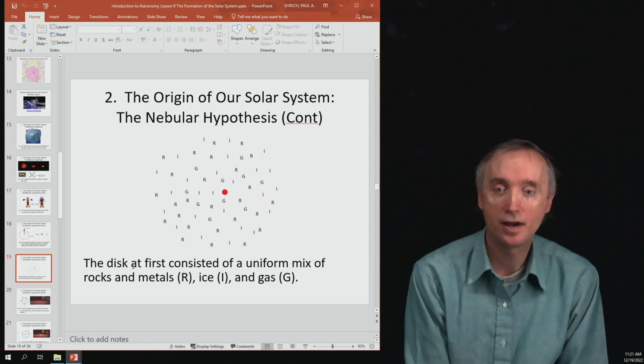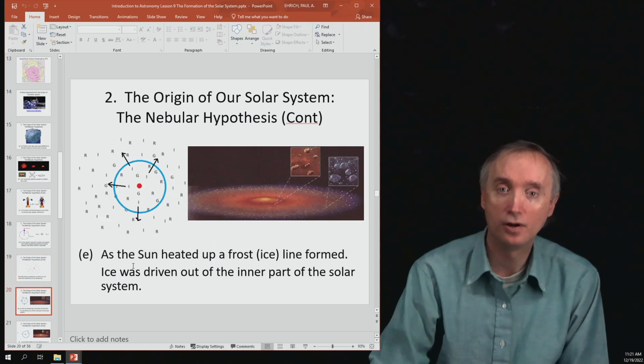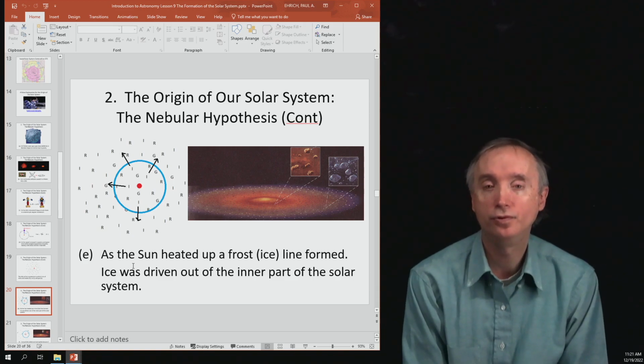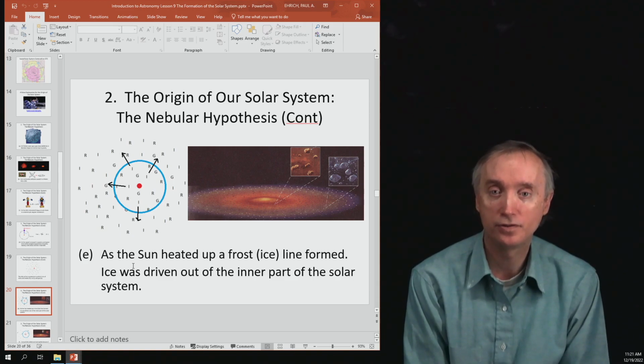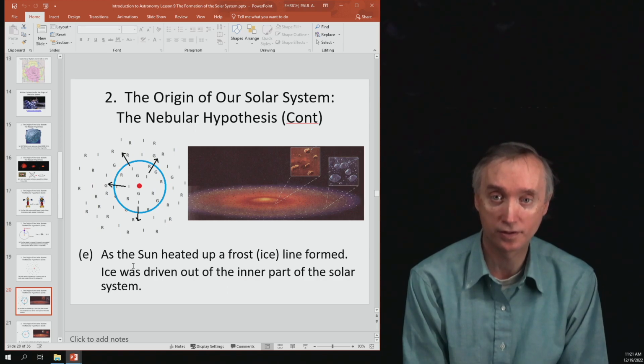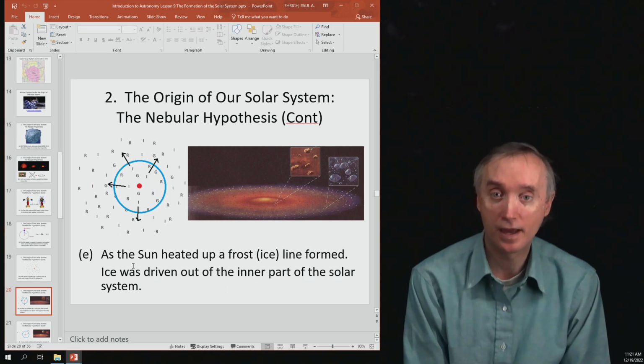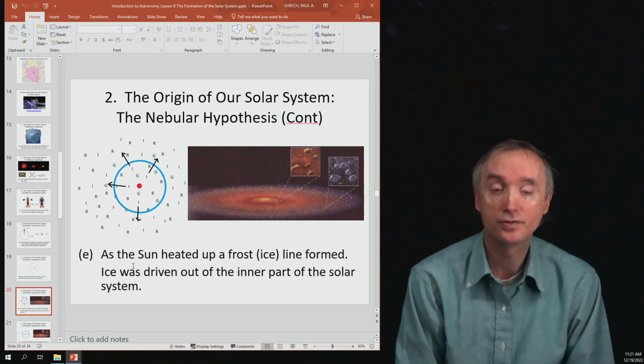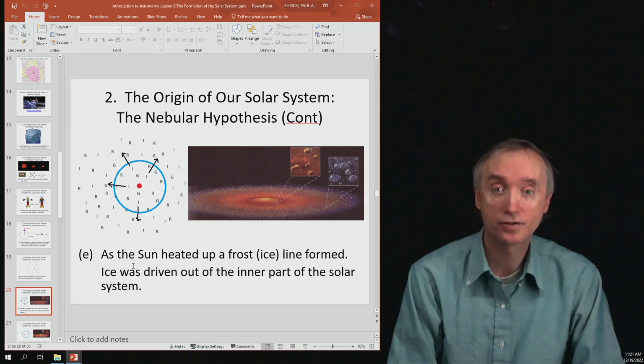The ice cannot exist too close to the sun, so it is moved outwards into the middle part of the solar system. That means you still have gas and rock in the inner part of the solar system, and that rock is going to become the terrestrial planets.